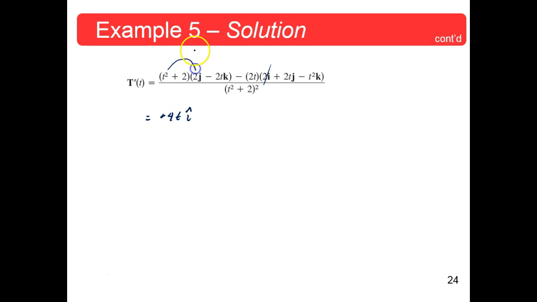Here's going to be a plus 2t squared j, a plus 4j, a minus 4t squared j.